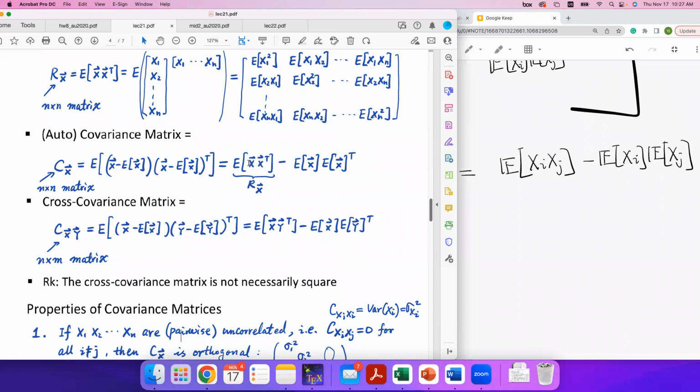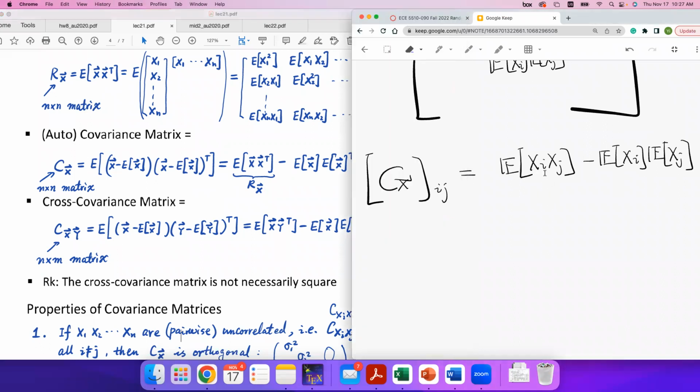The ith row of this column vector is just xi, and the jth column of this row vector is xj.